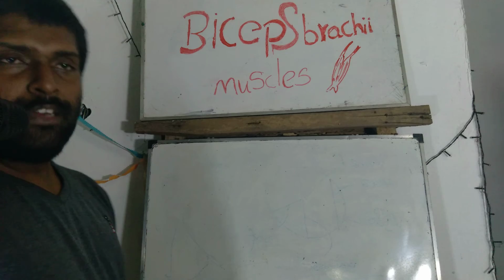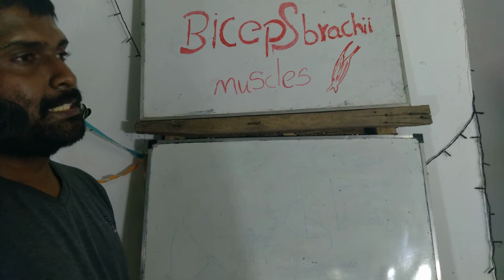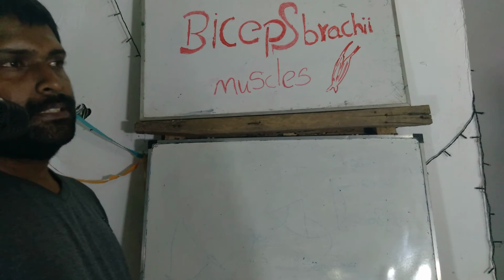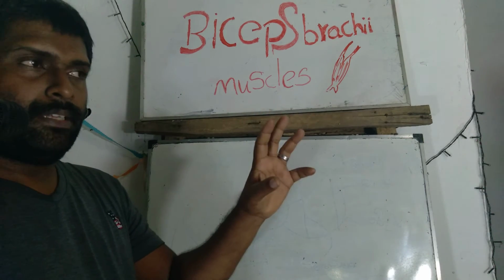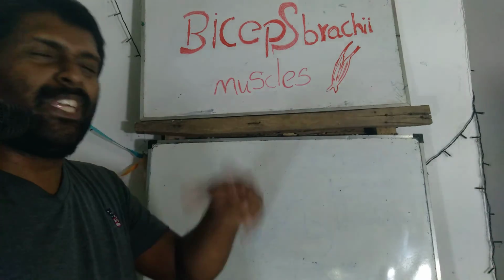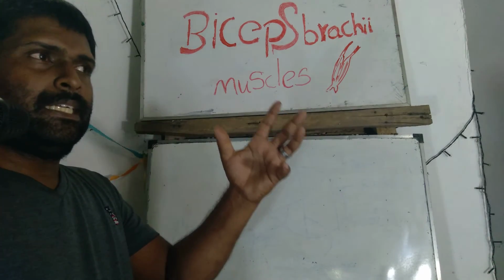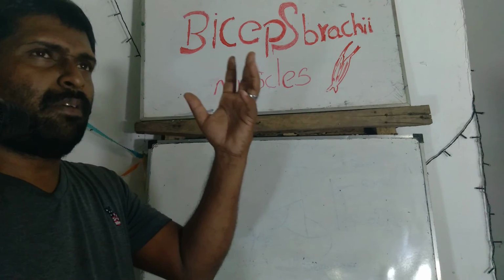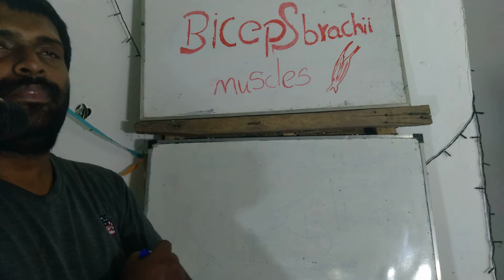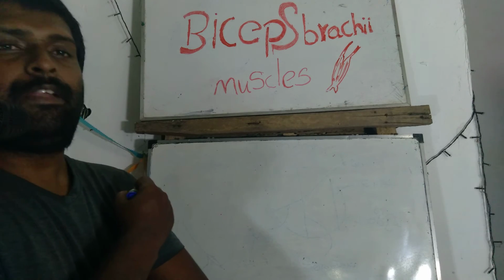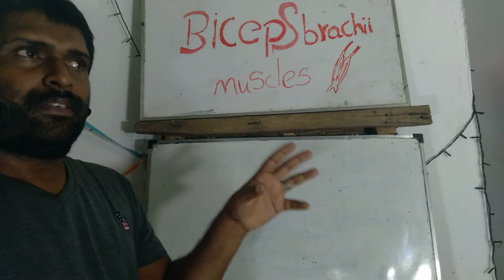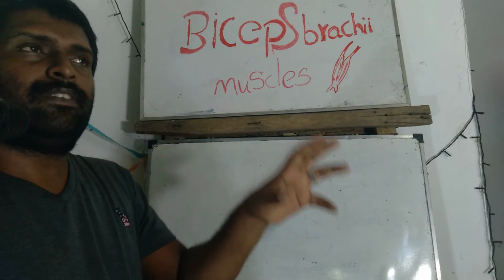Then we are going to talk about sports activity. When lots of sportsmen do some form of sports, they get a lot of damage to the biceps, glenoid cavity and humerus. Why is it damaged?